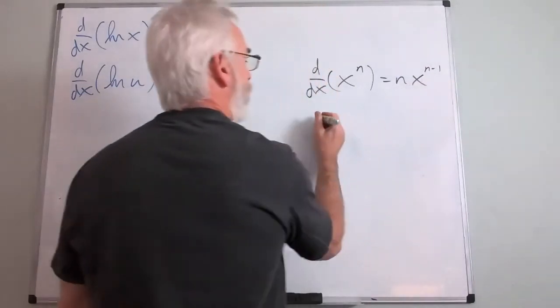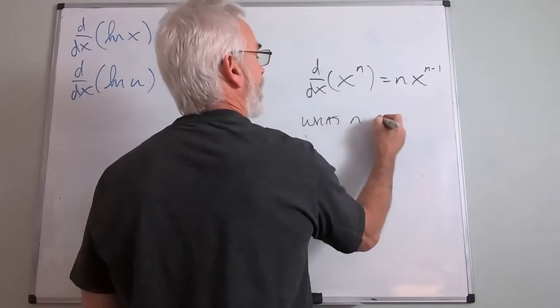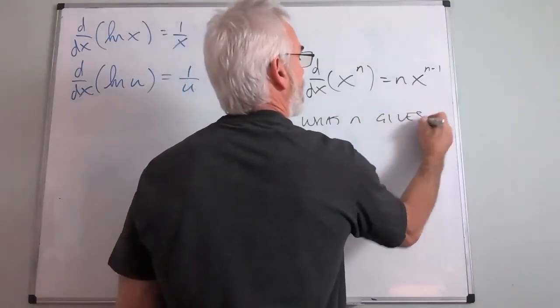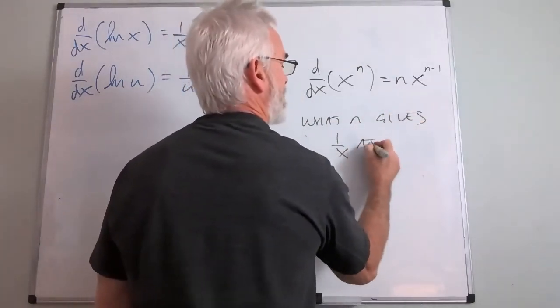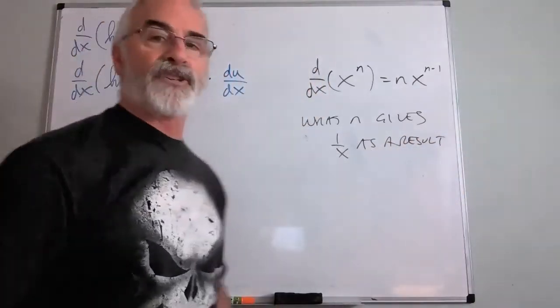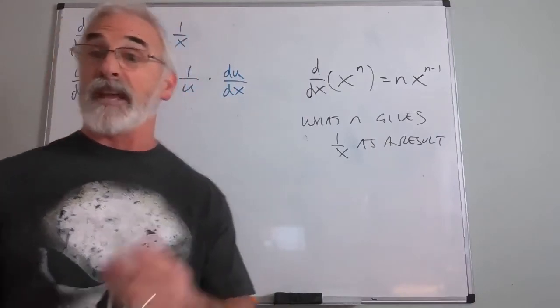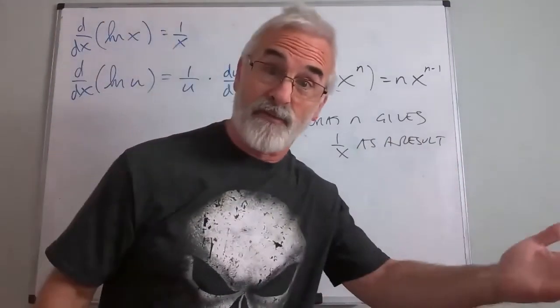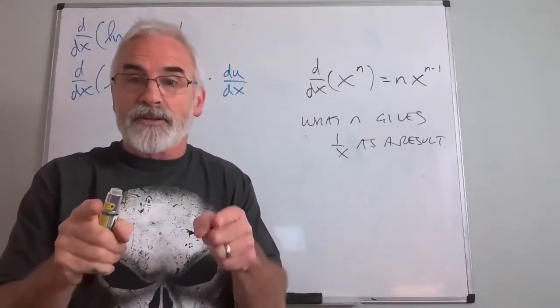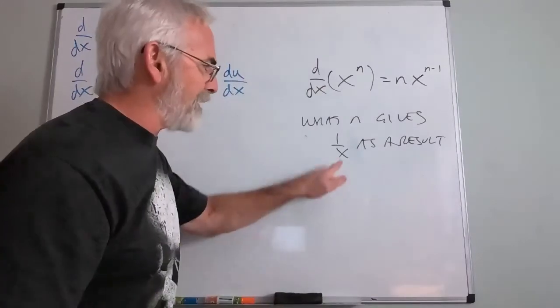Tell me, what n gives 1 over x as a result? See, if I differentiate x cubed, I'll get x squared. If I differentiate x squared, I'll get x. If I differentiate x to the -3, I'll get an x to the -4. I will always get an x to an exponent of degree 1 less. So what would I have to differentiate to get 1 over x?